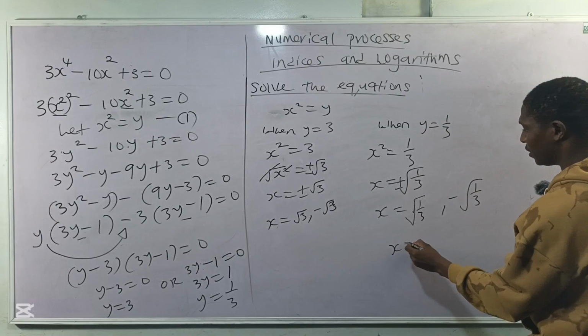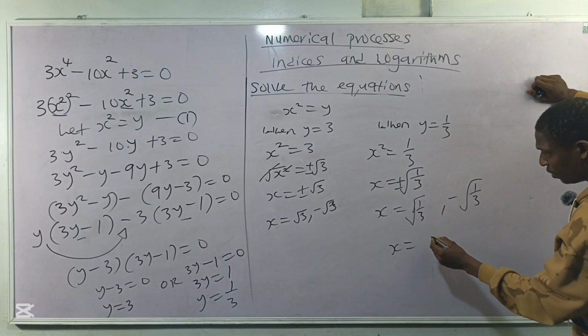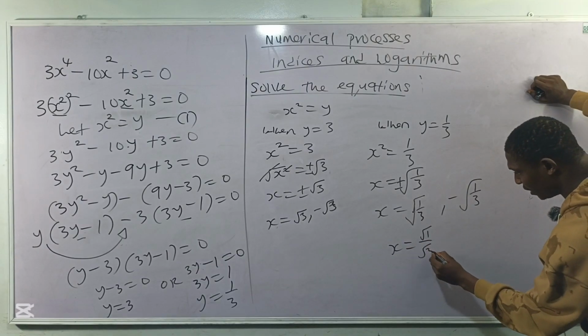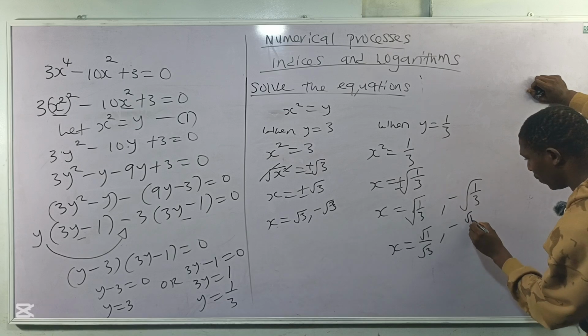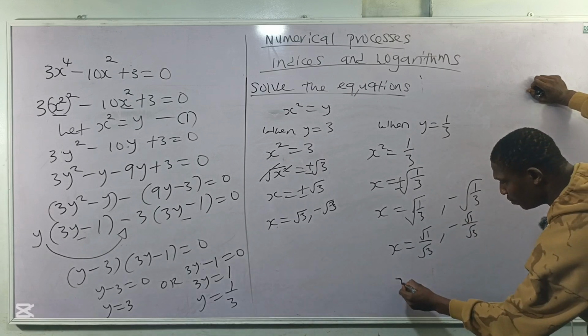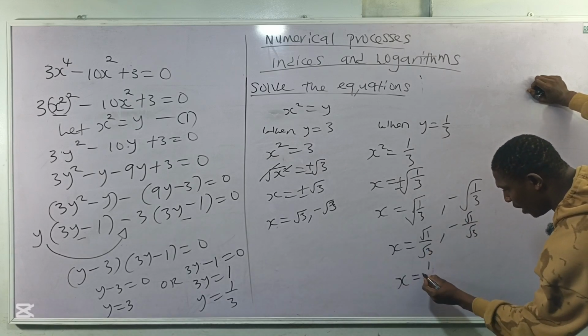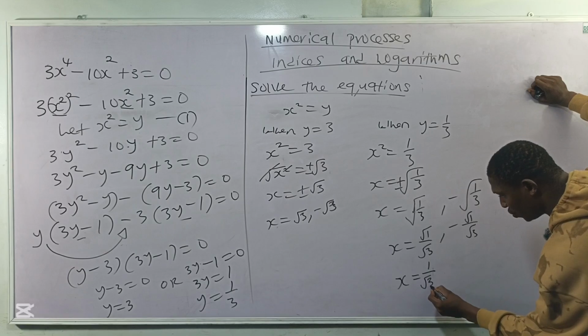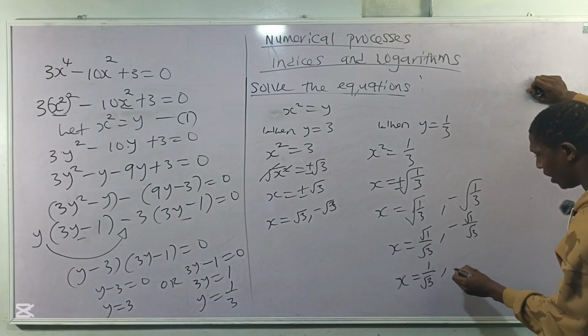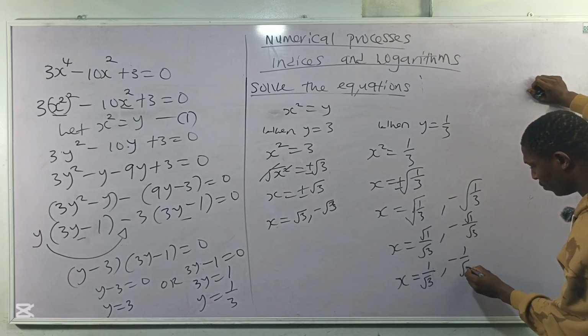This is the same as saying x is equal to root 1 all over root 3, comma, minus root 1 all over root 3. This will therefore give me x equal to ordinary 1 all over root 3, comma, minus 1 all over root 3.